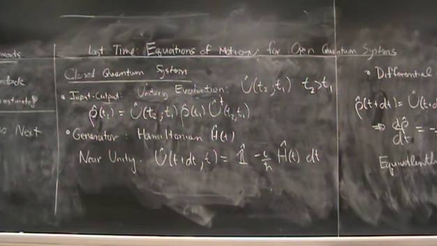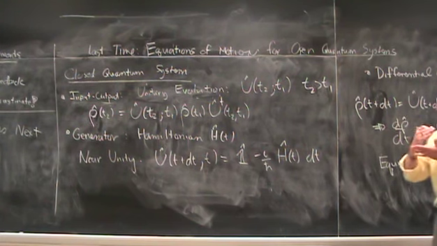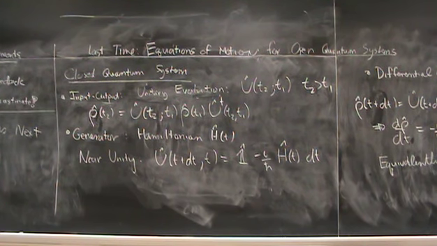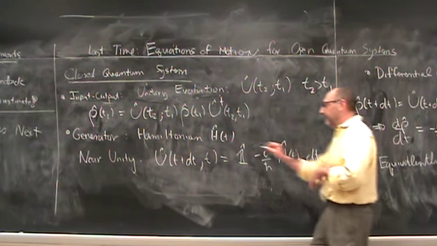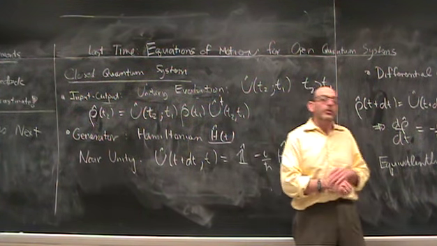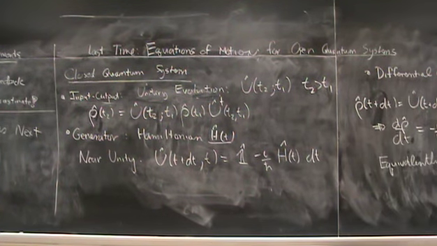In order to get at the equations of motion, we need to think about the so-called generators of the evolution, the near-unity unitary maps in a differential sense. And the generator of dynamics is the Hamiltonian. The Hamiltonian is the generator of time translations.